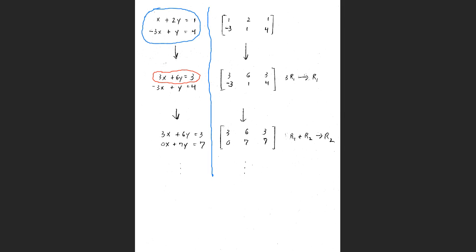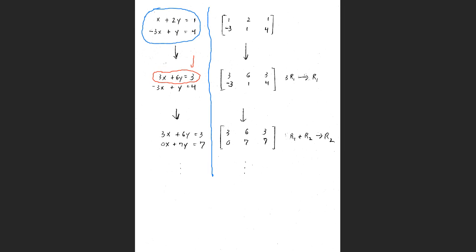Why is that true? Who can tell me why x plus 2y equals 1 is the same equation as 3x plus 6y equals 3? That's right. We multiplied everything by 3.